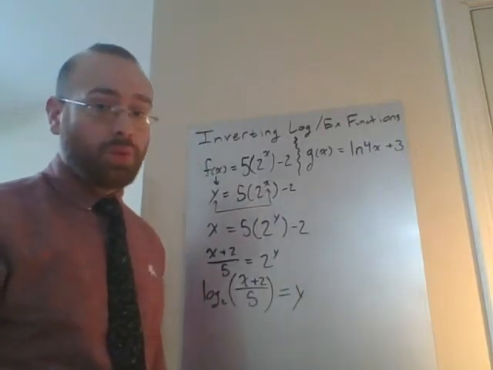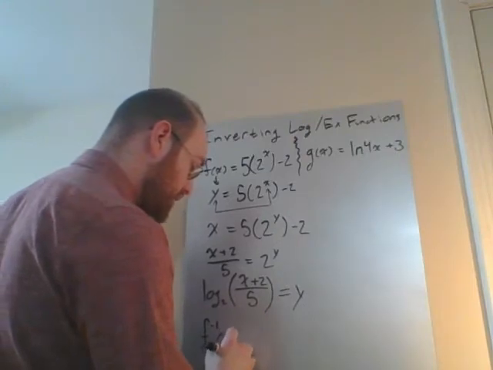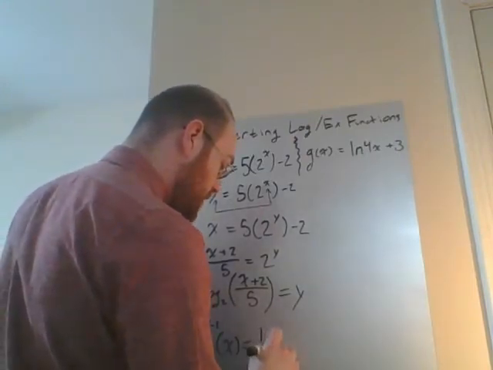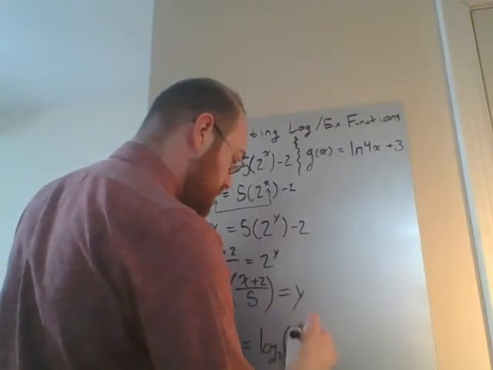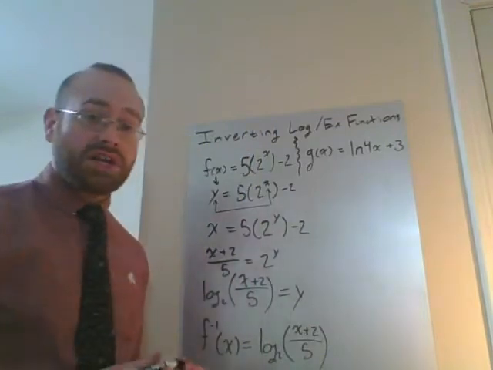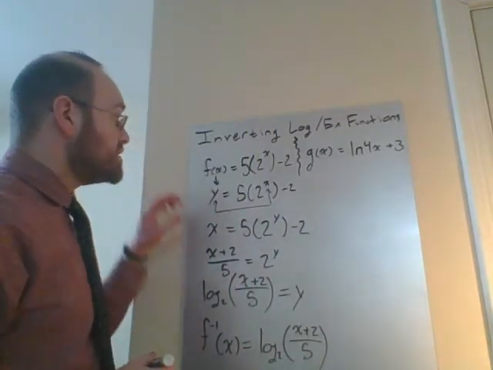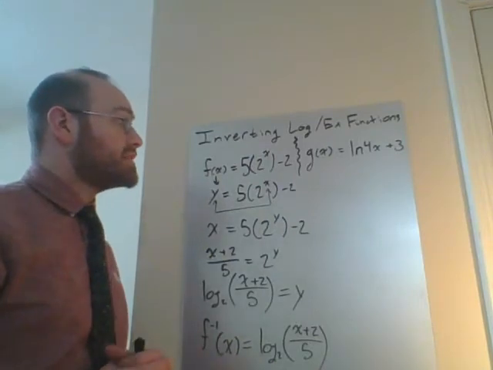But I don't want to call it y, so instead I'm going to call it f inverse of x is equal to the logarithm base 2 of x plus 2 all divided by 5. And this is our inverse for the function f of x equals 5 times 2 to the power of x minus 2.